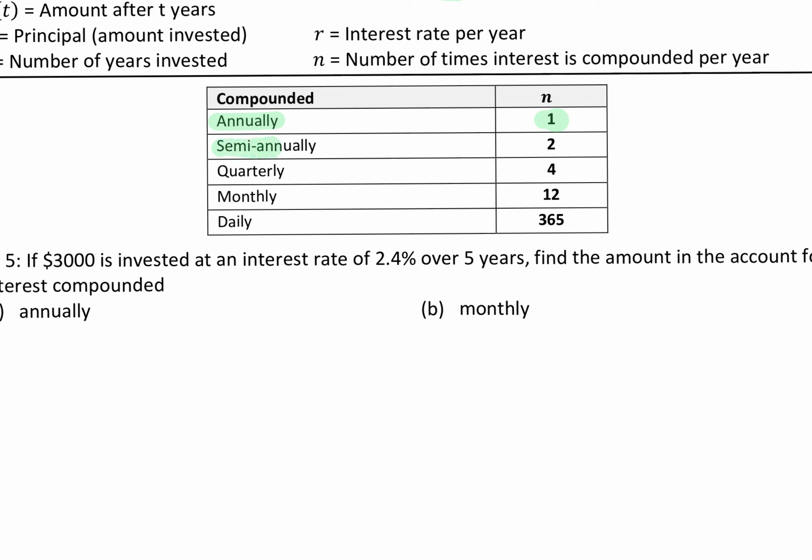Semi is half, annually is a year, so half a year means you're going to compound the interest twice. So n is 2. Quarterly means you're going to compound or compute interest 4 times a year, so n is 4. Monthly, 12 months in a year, so n is 12. Daily, unless it's a leap year, it should be 365.